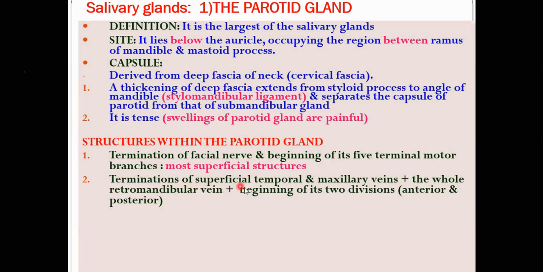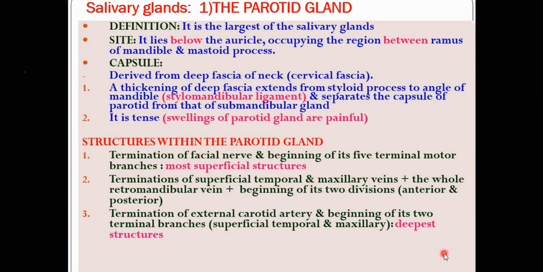Then we have the termination of the superficial temporal and maxillary veins. The retromandibular vein begins, with its 2 divisions, anterior and posterior, within this parotid gland. So please make this very important: structures lying within the parotid may come as a short note or as an MCQ.